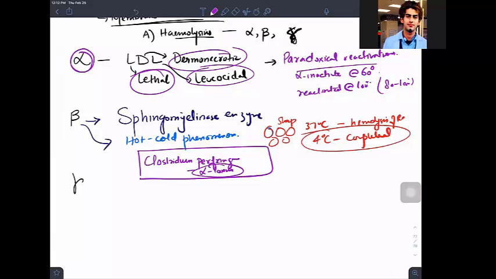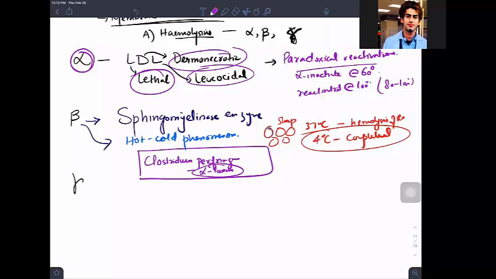You may get confused, thinking alpha hemolysin cannot be the answer. No, you have to remember the alpha toxin of C. perfringens shows the same phenomenon like the beta hemolysin of Staph aureus. Are we able to understand?